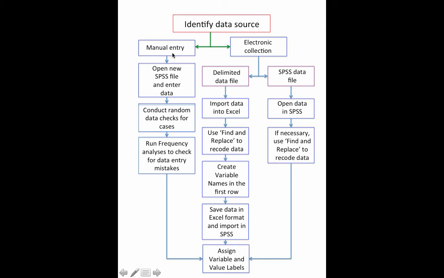And if we are going to actually be handling all of the data, then in most cases we can do this directly in our word processing program. And so our first step would simply be to open whatever our software of choice will be. In our case, we're going to focus on the use of SPSS as the data analysis software, and then we will begin to enter the data.